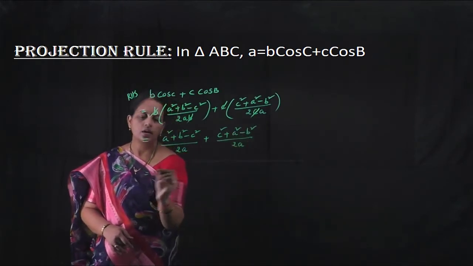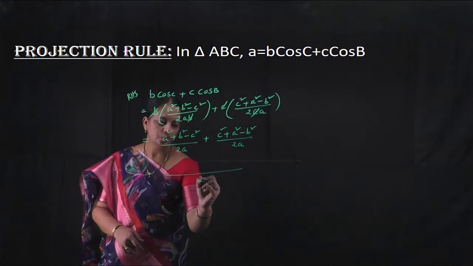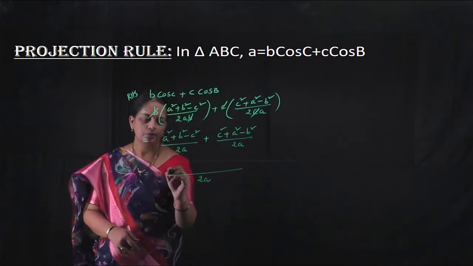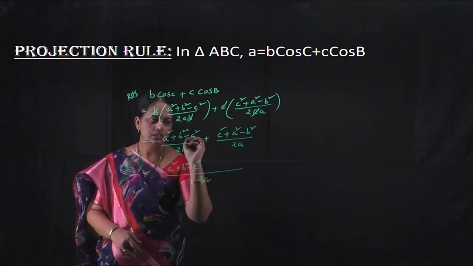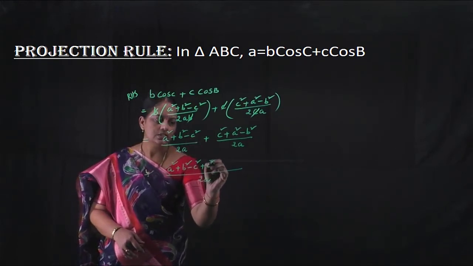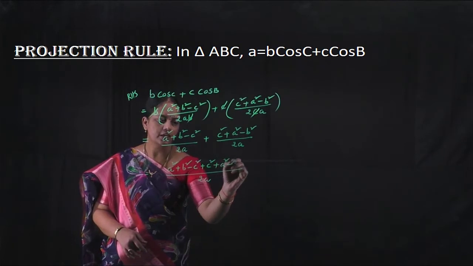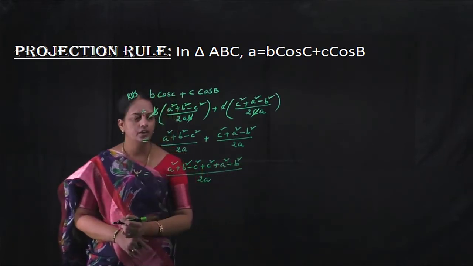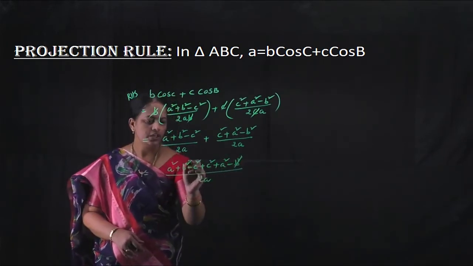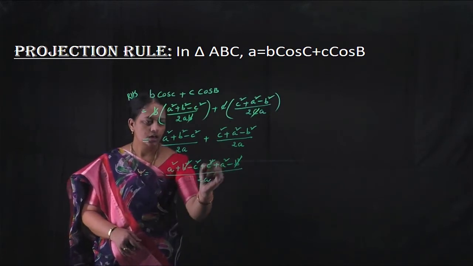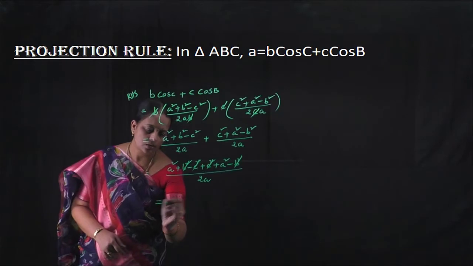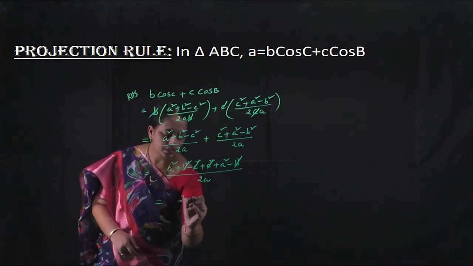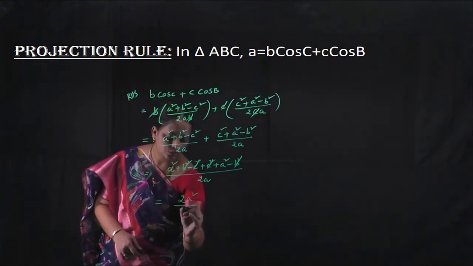Taking the LCM as 2a, in the numerator we get a squared plus b squared minus c squared plus c squared plus a squared minus b squared. Here minus b squared plus b squared gets cancelled and plus c squared minus c squared gets cancelled. This is equal to a squared plus a squared, 2a squared by 2a.